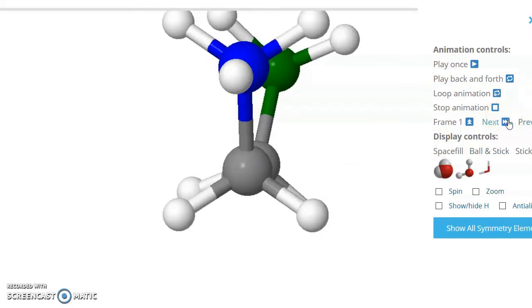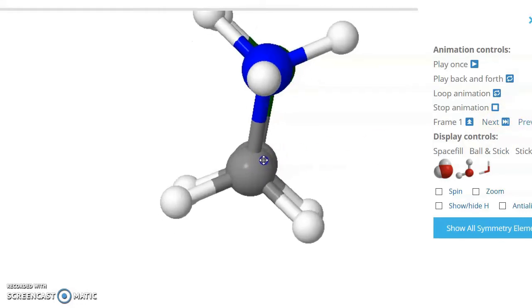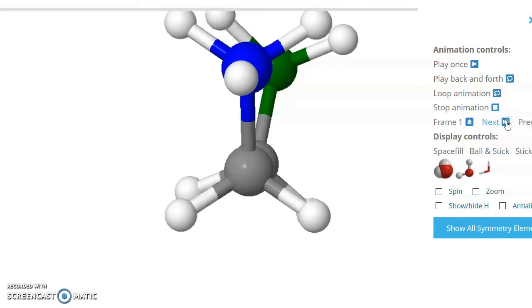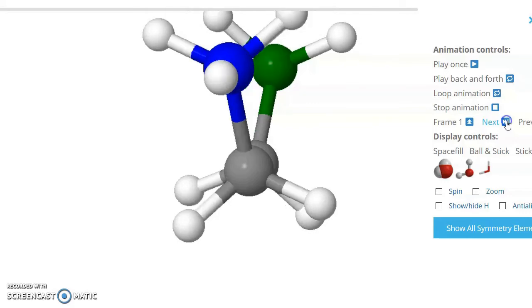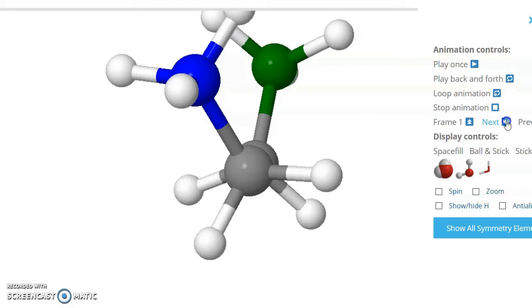Now the dihedral angle between the two methyl groups is 0 degree. When we rotate this, I'm rotating it anti-clockwise. There is one conformer formed, a slight variation in dihedral angle, another conformer formed. So as we vary the dihedral angle, we get different conformations.